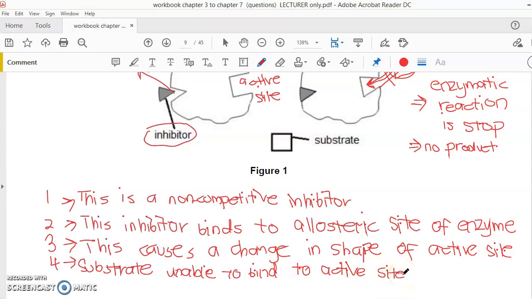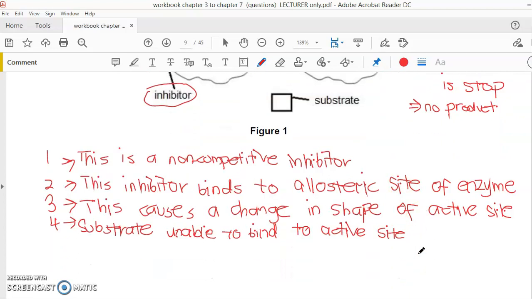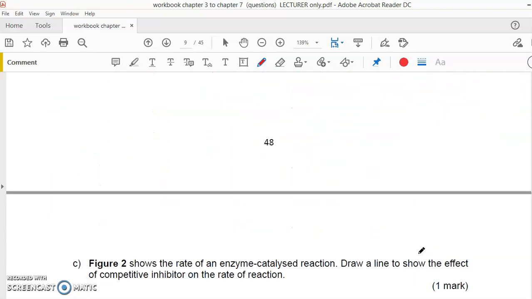So the substrate is unable to bind to the active site. Move on to the next question.